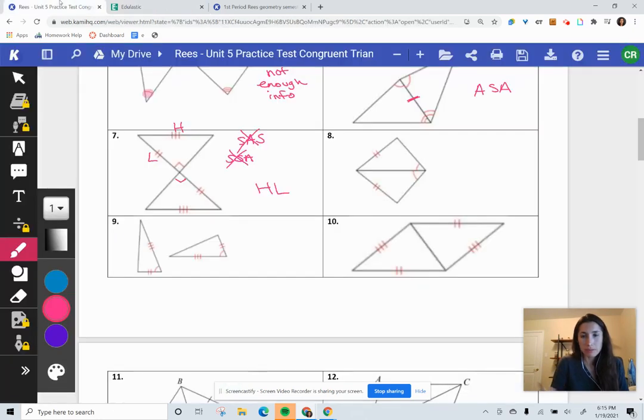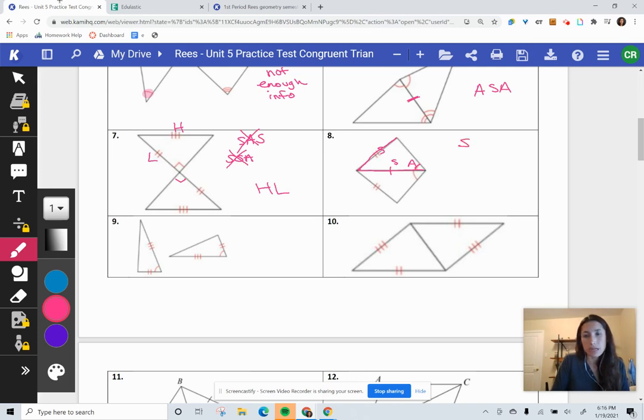Question 8. We can add the reflexive congruent mark here, put a 1 mark. And then what we have is an angle marking, a side marking, and a side marking. Now, if I were to trace both of these sides here, you notice the angle is not connected in the middle of them. It would need to be located on the other side in order for this to be side angle side.